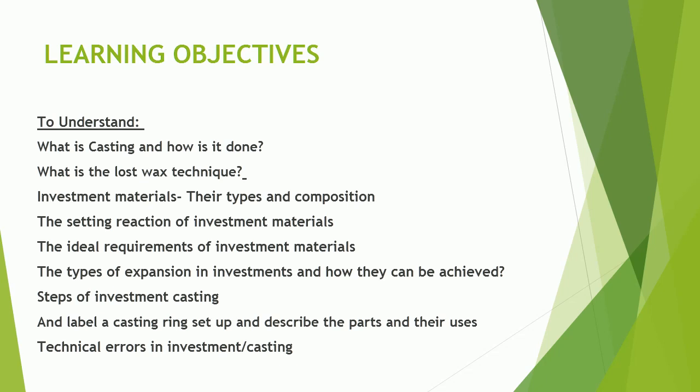You should be able to label the casting ring setup and describe the parts and their uses. And because we're talking about the steps or the technique, you should also be familiar with the technical errors involved in investment casting.